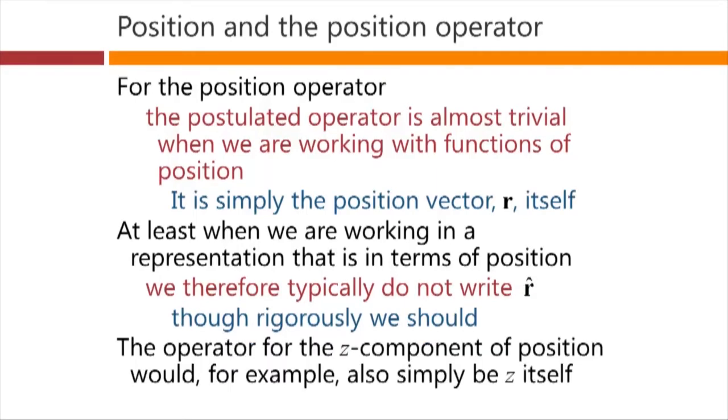The operator for the z component of position would, for example, also simply be z itself. As I said, this is a consequence of the fact that we're working in what we call a position representation. We're still talking about functions that are functions of position. We're essentially writing down a list of values of the function for each different position as the way we're thinking about the function. And because of that reason, we tend to think about the position operator as just being the position itself.